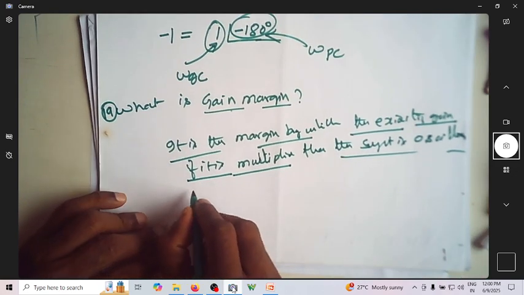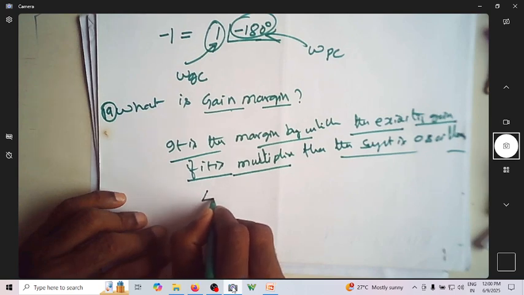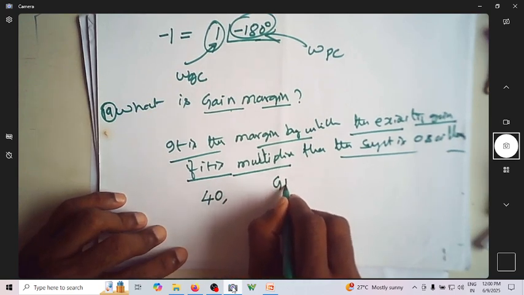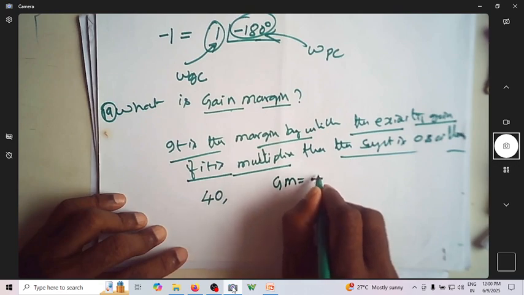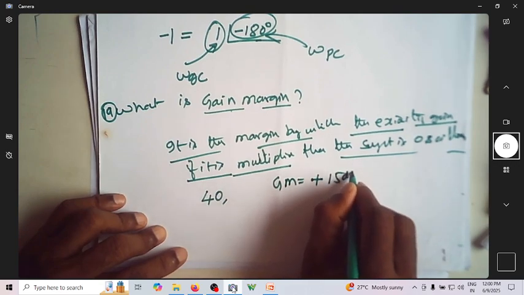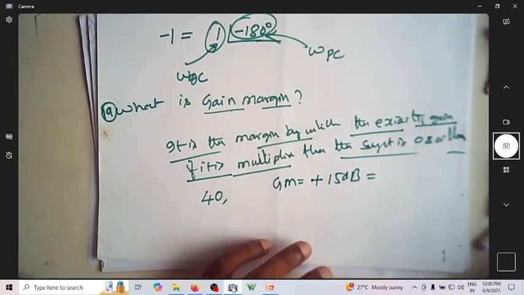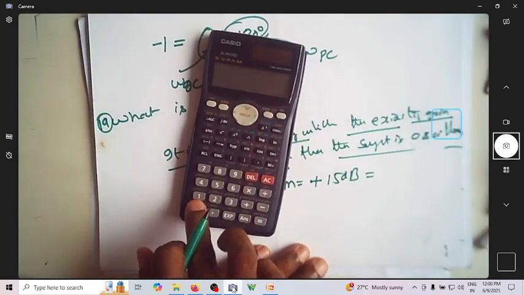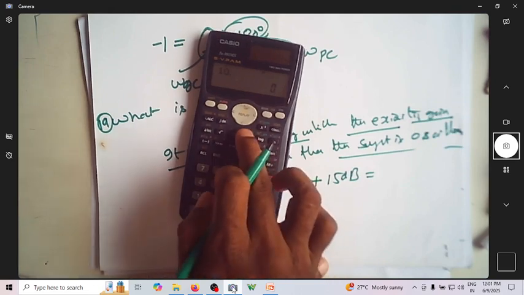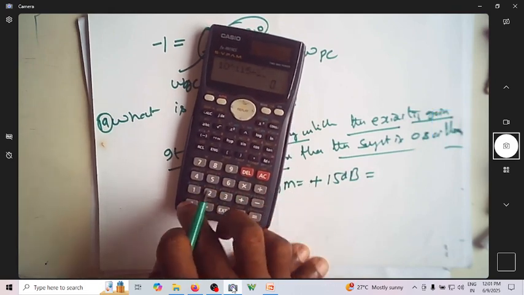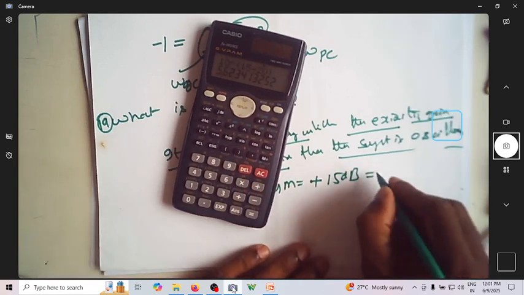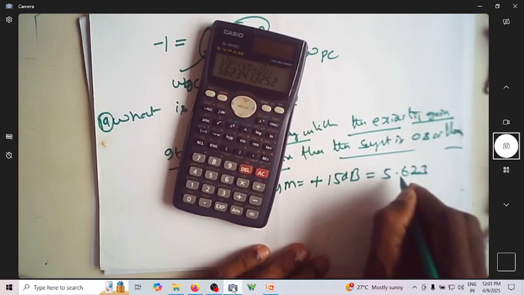Assume the existing gain is around 40 and the gain margin is plus 15 dB. Plus 15 dB corresponds to 10 to the power of 15 by 20, which comes out to be 5.623.